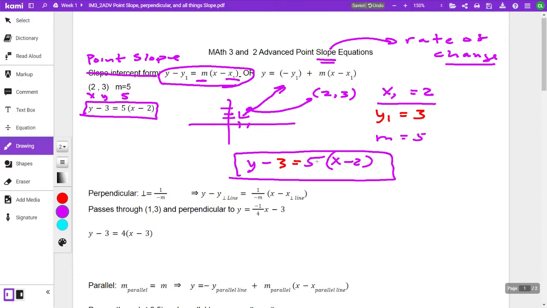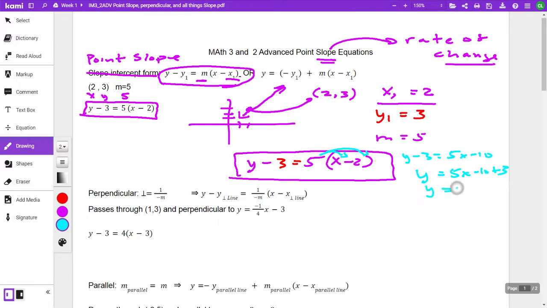I can go farther by distributing this and do some different things. So let's go a little farther just to see the slope-intercept form. So I am going to do y minus 3 equals, I'm going to distribute those, and I'm going to get 5x minus 10. And I'm just going to move my 3 over, and I'm going to get y equals 5x minus 10 plus 3.